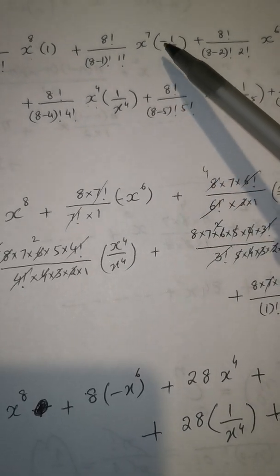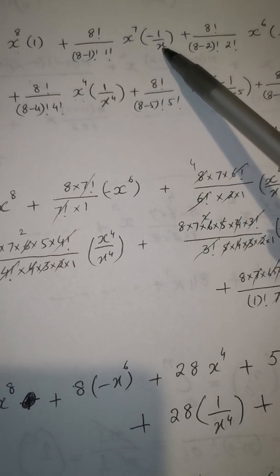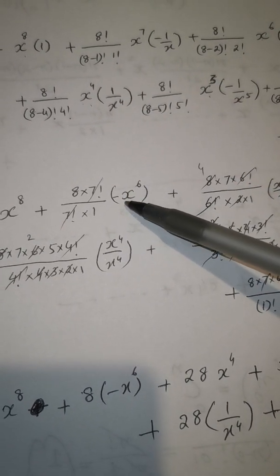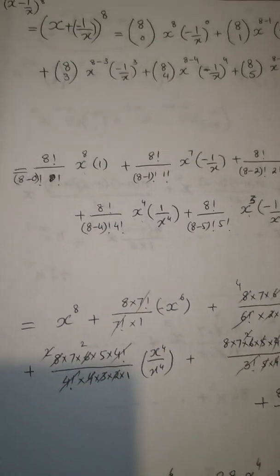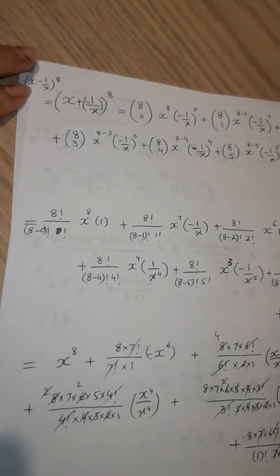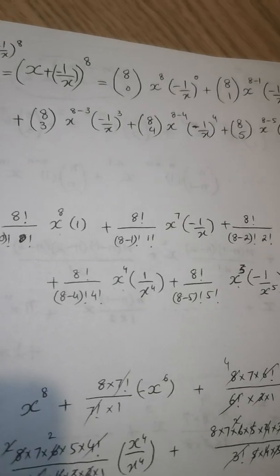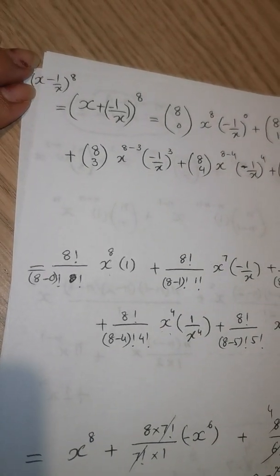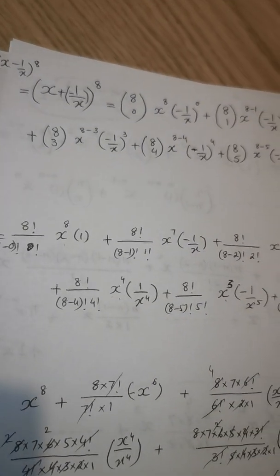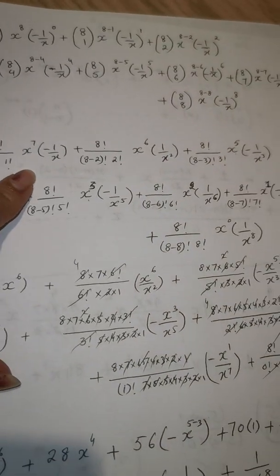And you can see here the minus sign, x power 7 divided by x will give you x power 6, but with the minus sign. Don't omit this minus sign, because when they have given a number like x minus 1 over x, or x minus 6, or 2 minus x, whatever the form of this will be, don't omit any sign in any step, because sign is very important in this case.